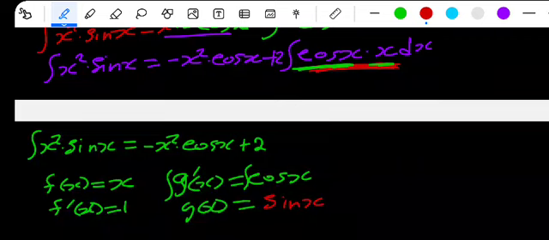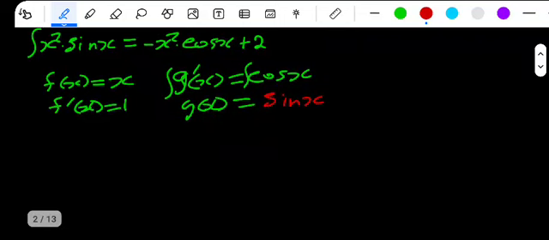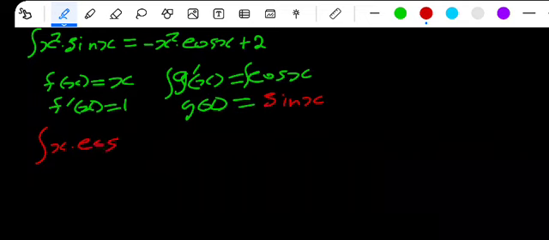So we're dealing with that portion alone for now, the integral of x cos x dx.